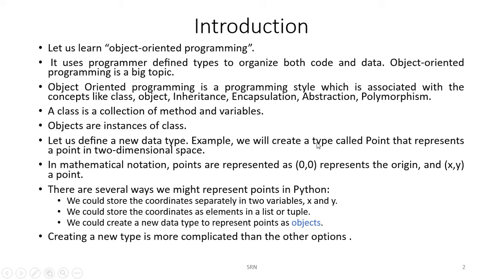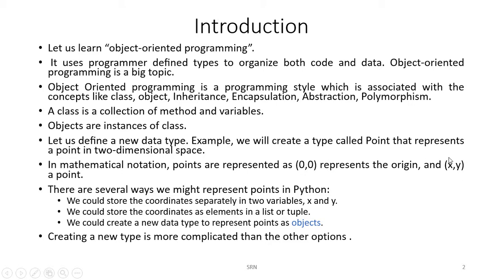Say we want to represent a point. To represent a point mathematically, we write two numbers in parentheses. If we write 0, 0 in parentheses, it means it's the origin. And if it is some point in space, we represent it as x comma y written in parentheses.